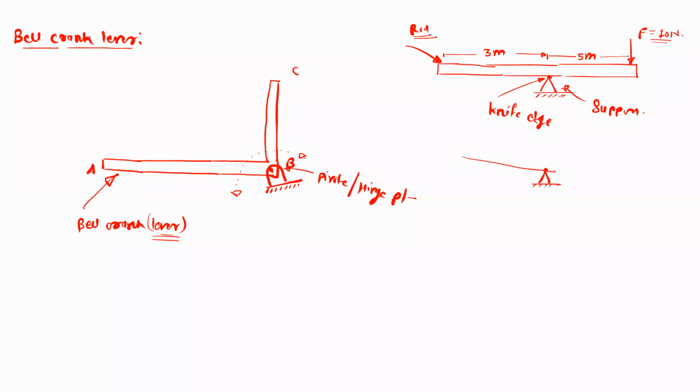So we will have the arrangement like this. Okay. So this is your force 10 Newton. So it will lift the other side, and on the other side it will create one force. Okay. So this force value we can determine by using the principle of moment.